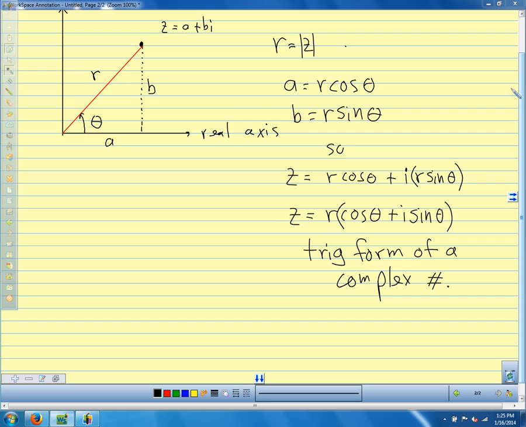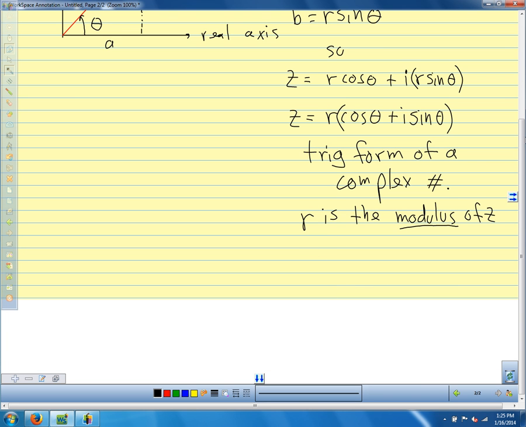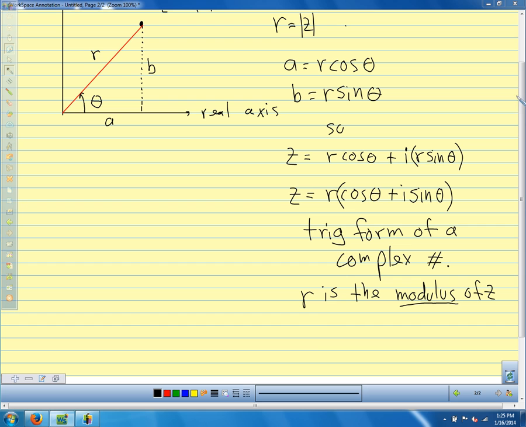And we give R and theta some special names here. We call R the modulus. So R is the modulus of z, and we call theta the argument of z.